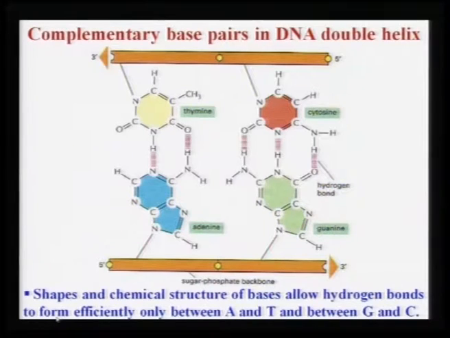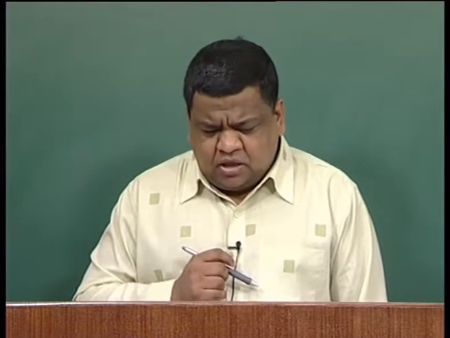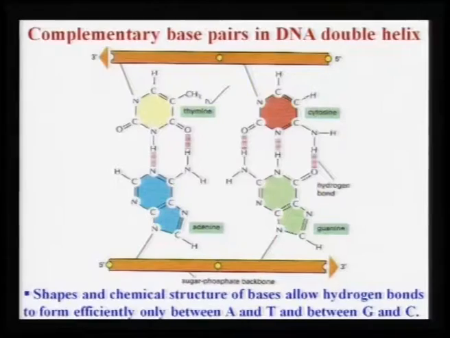Now, again all this nucleotide sequence would be difficult for you to remember, but I want to show you what is the typical organic structure of this ATGC, the base pairs here. So, T is here, thymine.